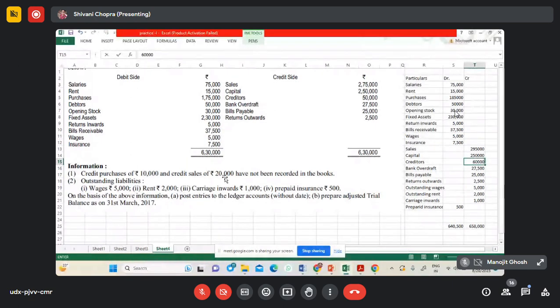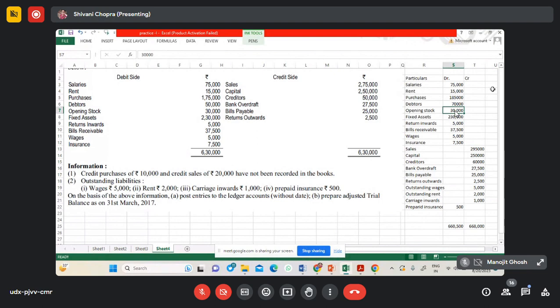Now the flip side of credit sales. What will happen with the credit sales? Credit sales increased by 20,000, but I haven't received the amount. It will lead to an increase in the debtors as well. Now the next thing is outstanding liabilities. Wages are increased by 5,000, rent is increased by 2,000, and carriage inwards is increased by 1,000.